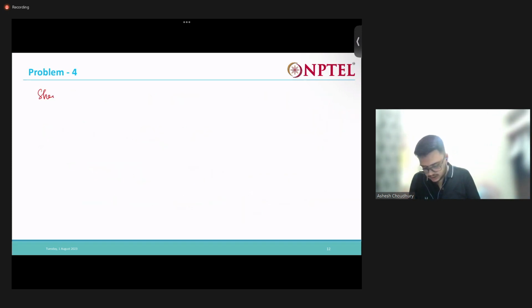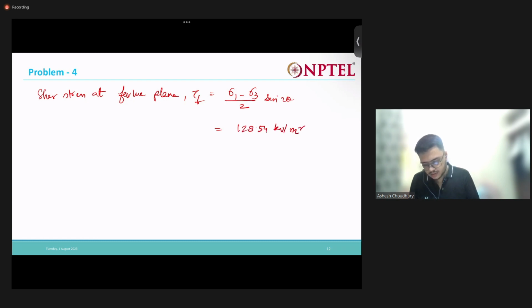First, the shear stress at the failure plane is (sigma 1 minus sigma 3) by 2 sin 2 theta. If we put all the values, it will be 128 point something. Now this is the shear stress at the failure plane.